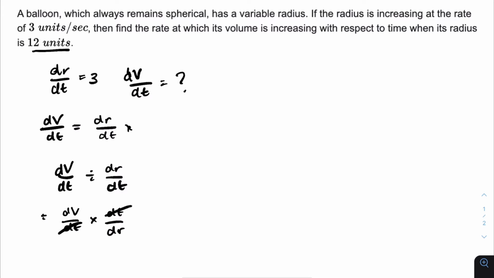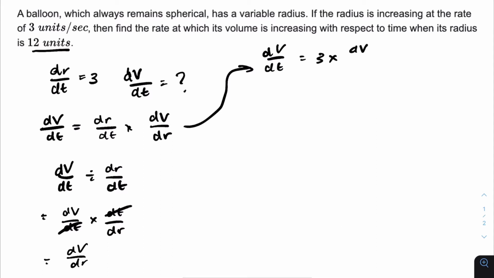And these two cancel out, so we get dv over dr. So this blank space will be replaced with dv over dr. What we can do right off the bat is substitute dr over dt with 3, because that's what we've been given. So now we have dv over dt equals 3 times dv over dr.